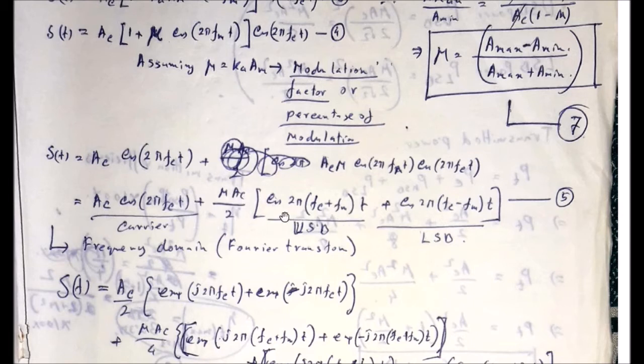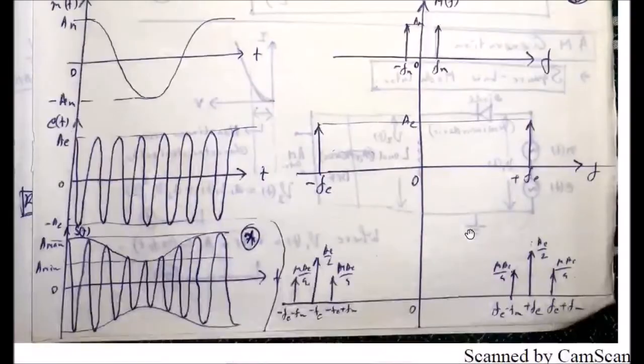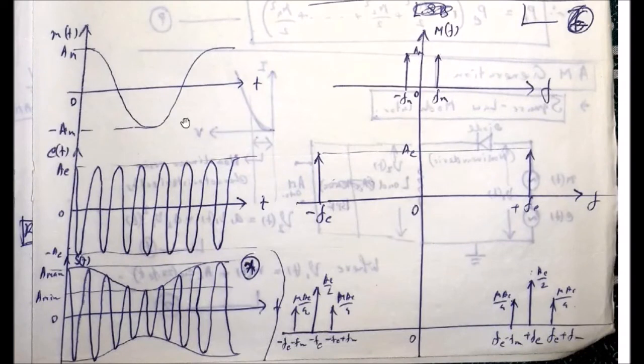After that there are the upper sideband and lower sideband. So the components of the amplitude modulated waveform are the unchanged carrier, upper sideband plus lower sideband. So this is that. And if you want to see the time domain description, it is here.